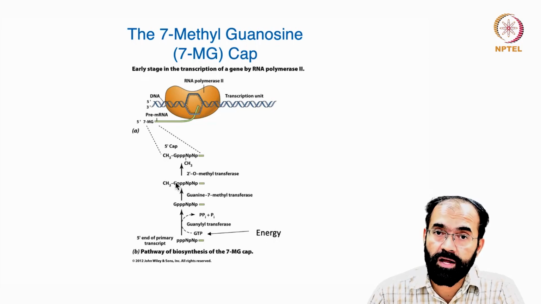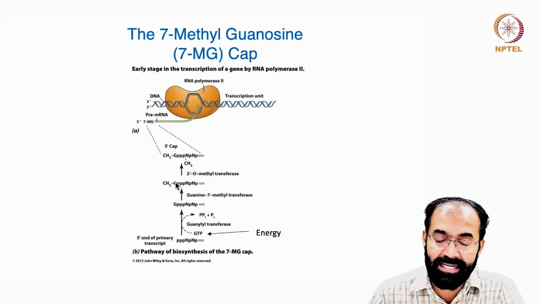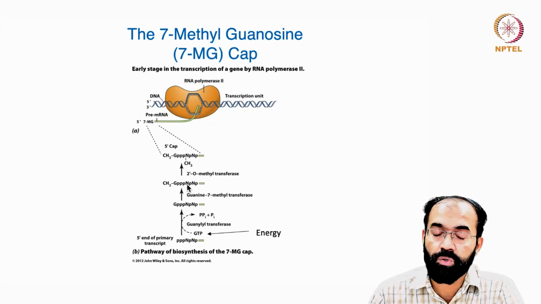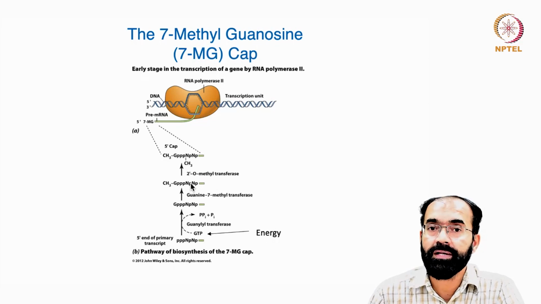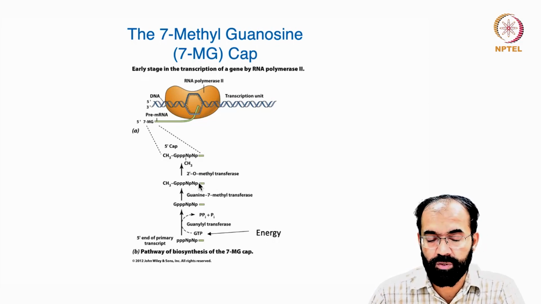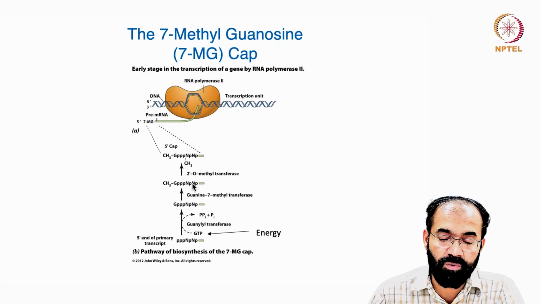That means it has a guanosine with all 3 phosphates intact, and downstream you have a nucleotide, phosphodiester backbone, again a nucleotide, phosphodiester backbone. That is what Np stands for.